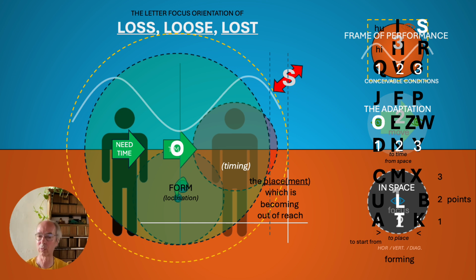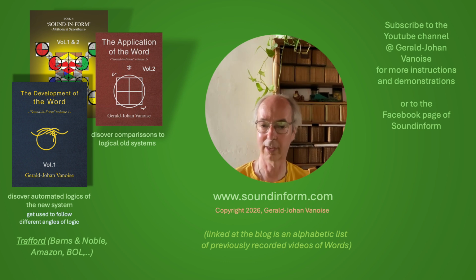I have to go to the last position, from L to O to S, and there I will have the T position. The T position is the placement, and I place it at that point where I see, yes, it is becoming out of reach. So the exact point of localization, which is usually associated with T, in this case is also becoming out of reach. And that's basically the explanation of these letter combinations.